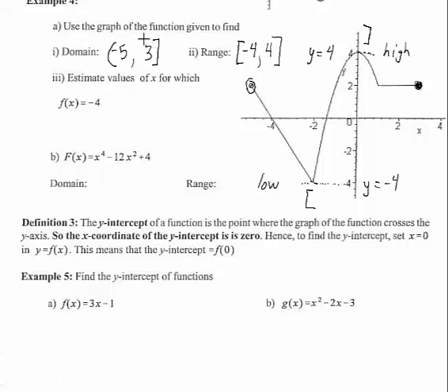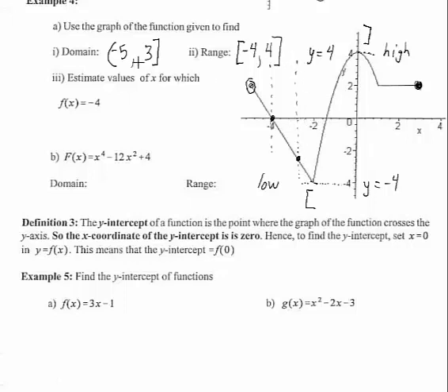These are the only numbers that I can put into this function and get a real number back. And if you apply the vertical line test at any point along the x-axis, I can only hit it one time.